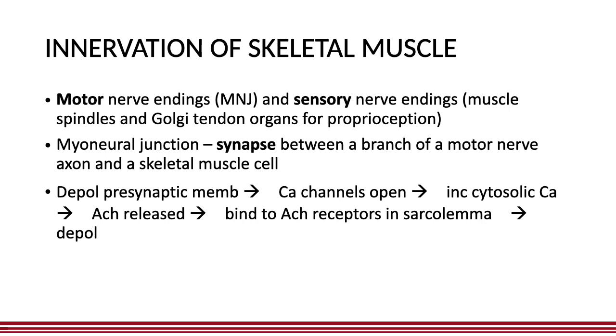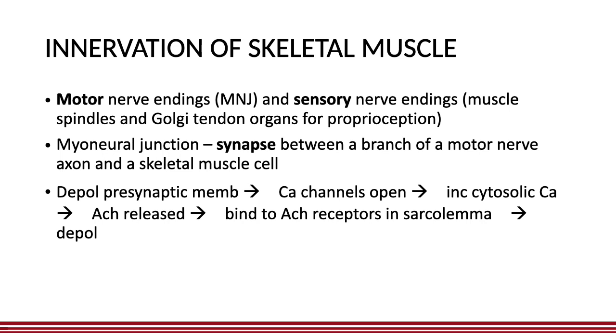So skeletal muscles, as mentioned, are innervated by motor neurons, and again, they transmit signals to skeletal muscle fibers, which cause them to contract. Okay? The process of skeletal muscle innervation involves several steps. This is more or less similar to muscle contraction earlier. So you have motor neuron cell bodies, which are located in the anterior spinal cord, and they receive signals from higher up in the central nervous system, particularly the brain.